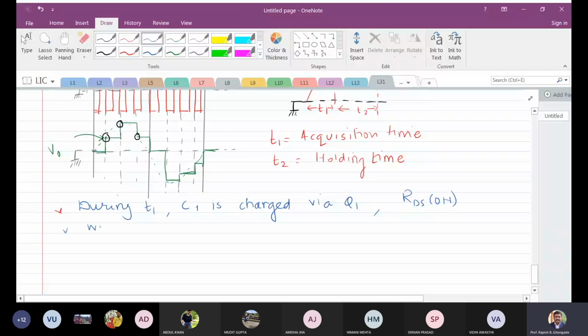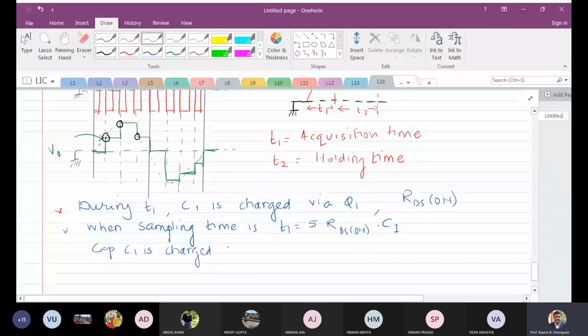When the sampling time T1 is 5 times RDS on into the capacitor C1, then after 5 time constants, capacitor C1 is charged to almost 99.3%.